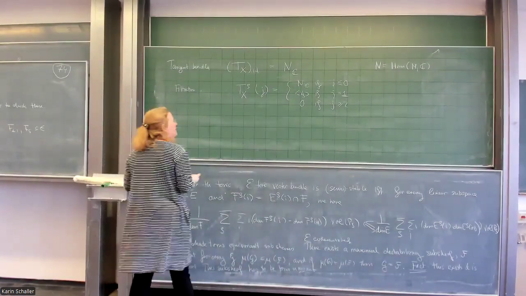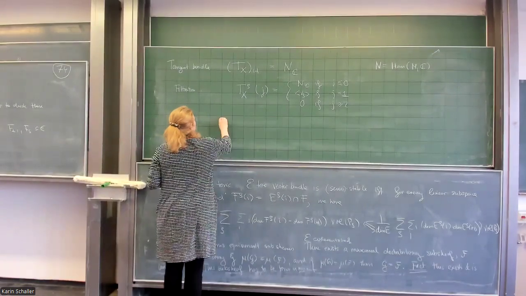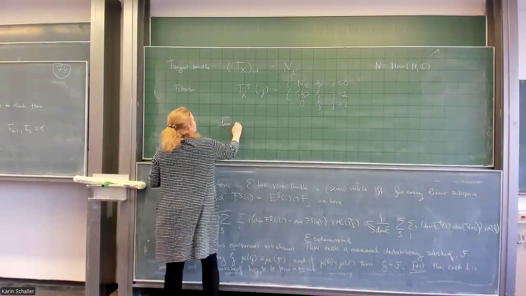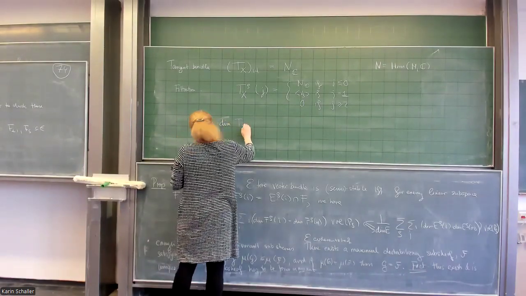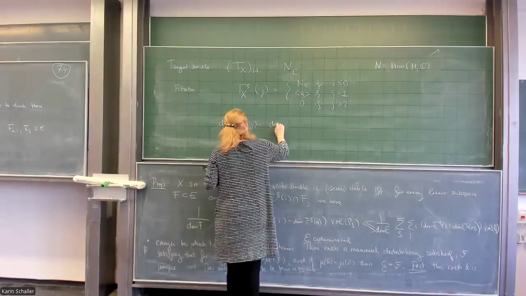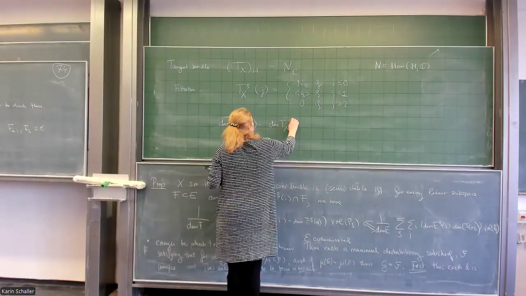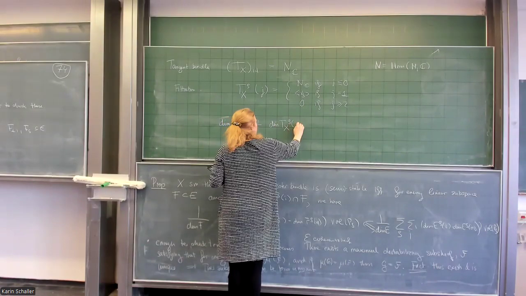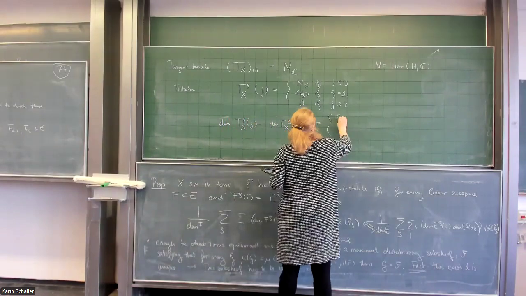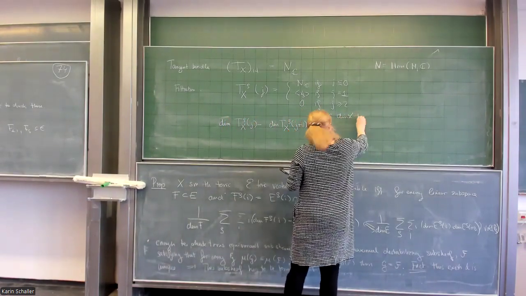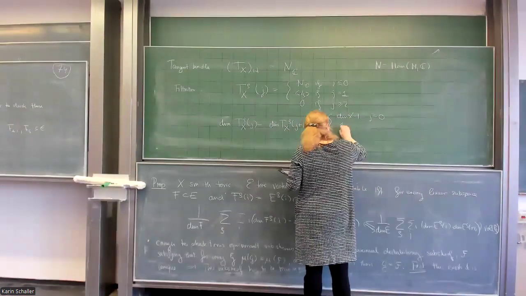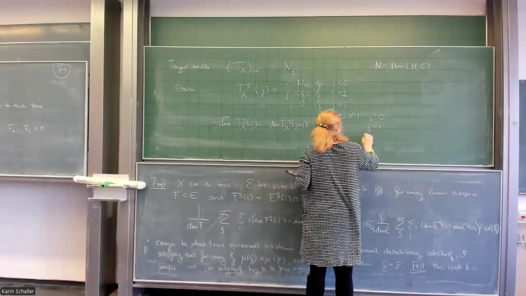And so now we can compute these differences of dimensions: dimension T_X of rho of J minus dimension T_X of rho of J plus 1. This is equal to the dimension of X minus 1 if J is equal to 0, and it's equal to 1 if J is equal to 1, and 0 else.